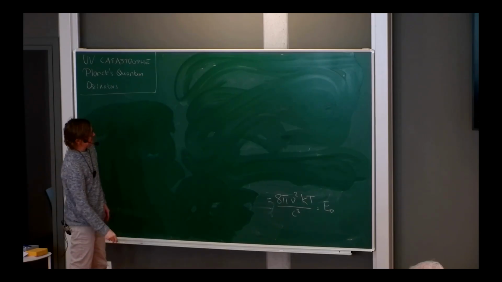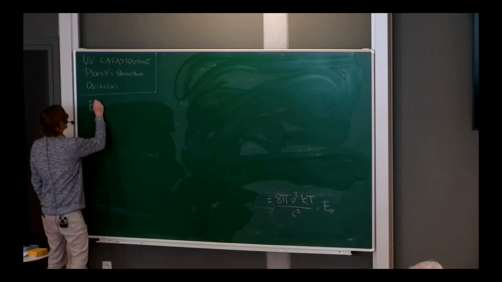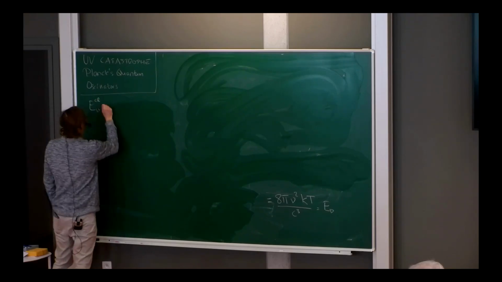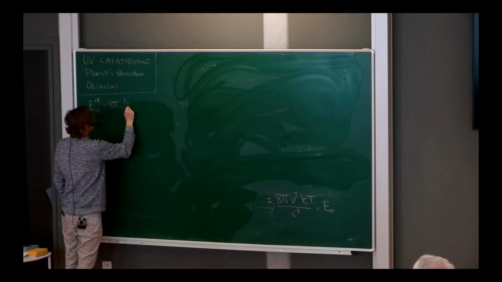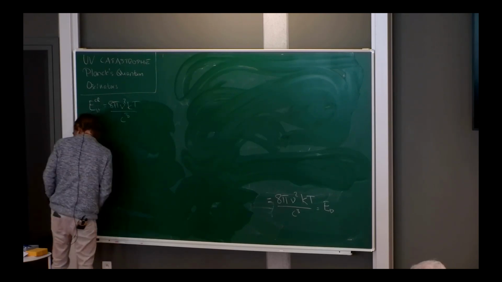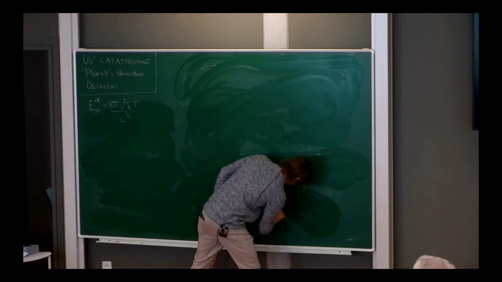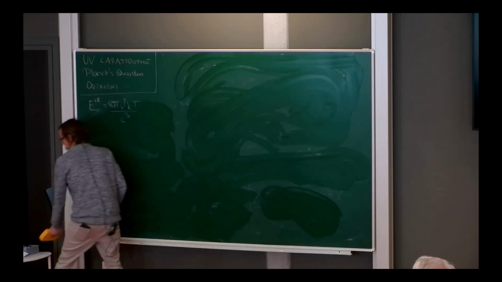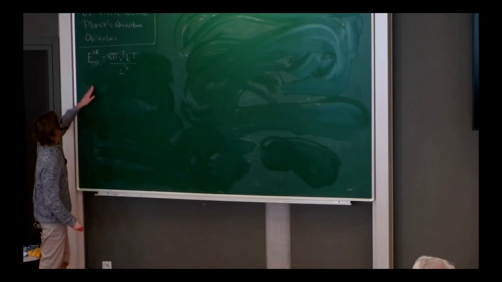In our radiative transfer language, we can call this classical: 8 pi nu squared kT divided by c cubed. Perhaps it starts to ring a bell if we do it like this.